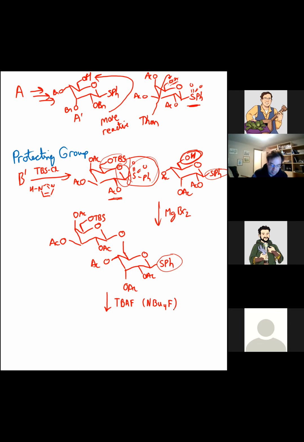TBAF is not actually that much quicker to write than N-tetrabutyl fluoride, but we write TBAF. And so that's going to... I wish I knew how to use the selection tool to copy and paste things. Or rather, I wish I knew how to use it quickly without screwing everything up 20 times.